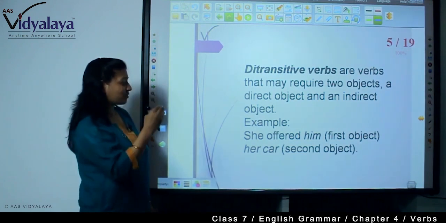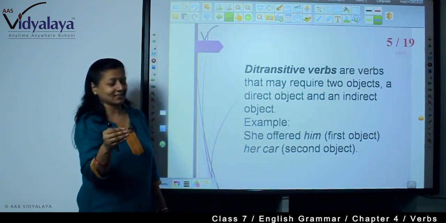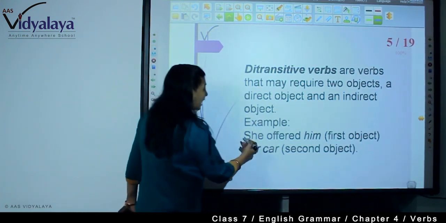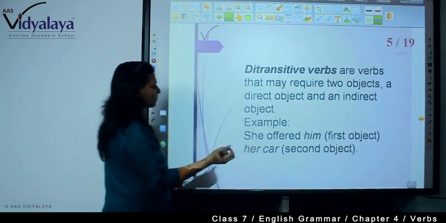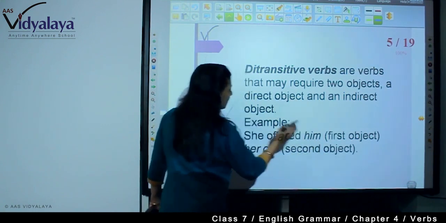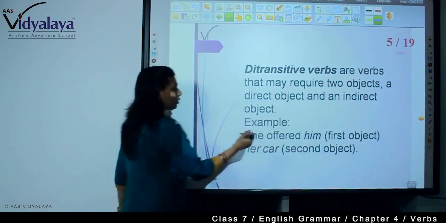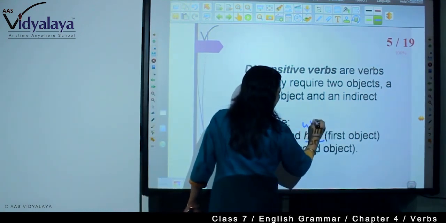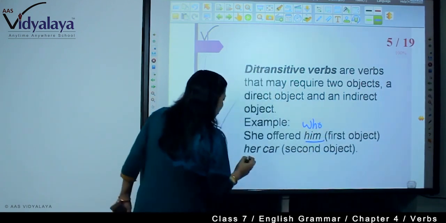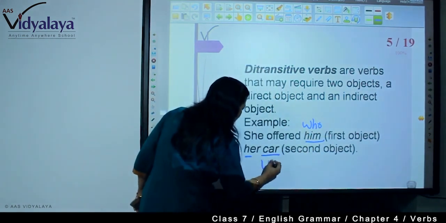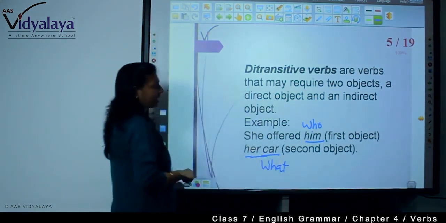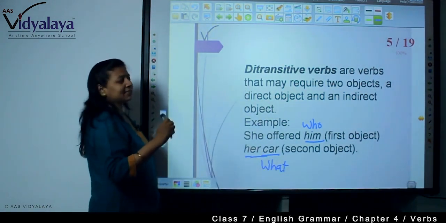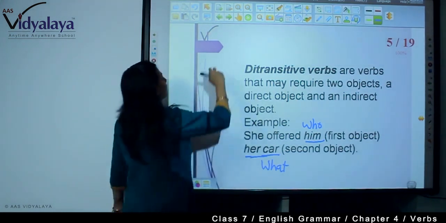In this way, you are finding objects in a sentence and you are understanding that this is a transitive verb. She offered him who, her car, what. So, you find two objects. So, these are ditransitive verbs.